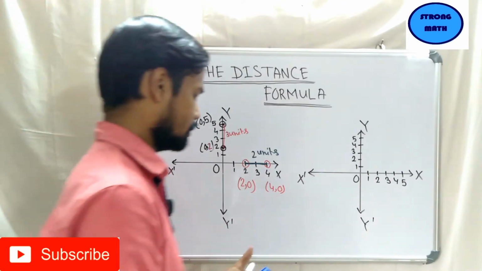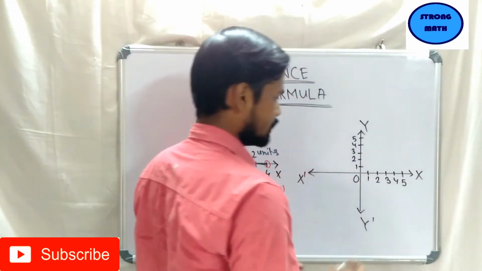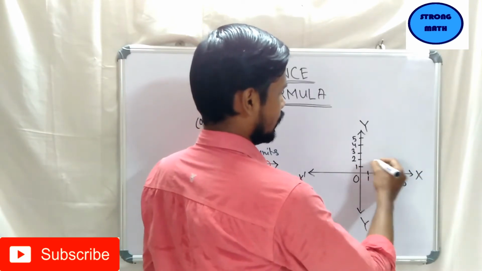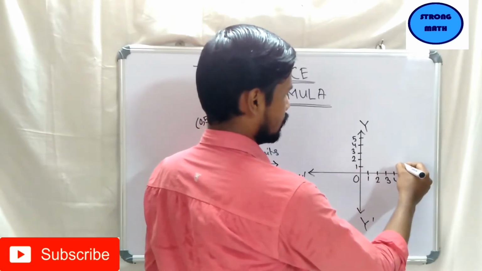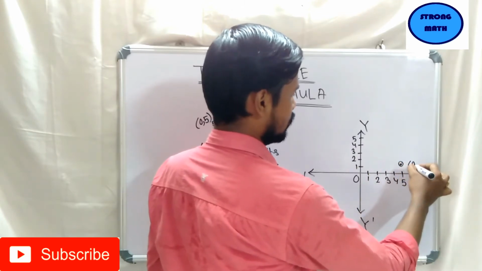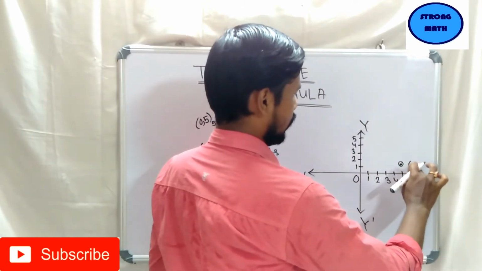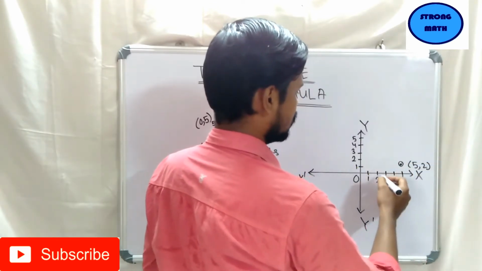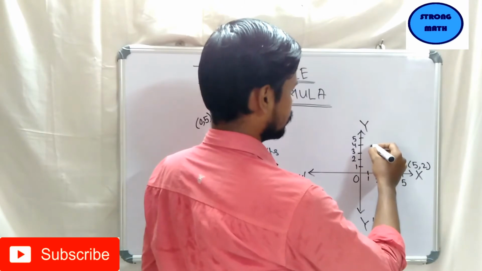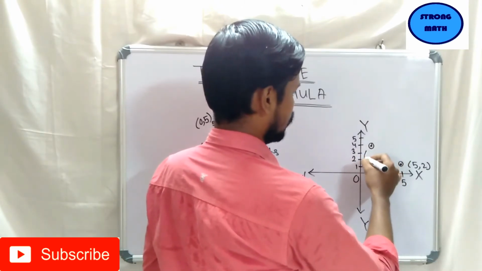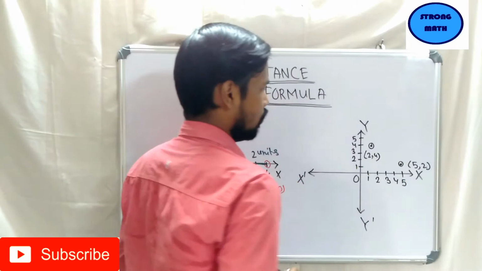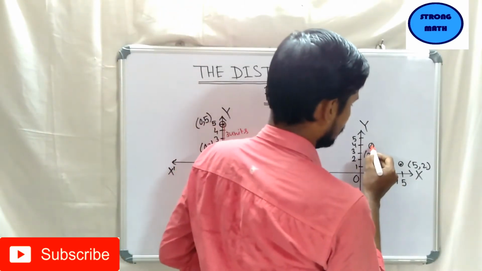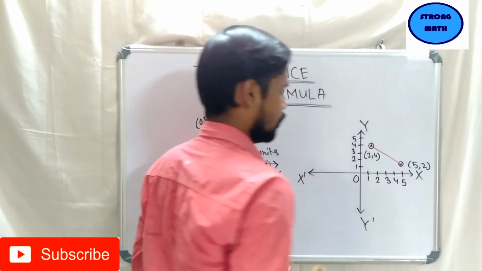For that, suppose the first point is 5, 2, and say another one is 2, 4. Then what will be the distance between these 2 points? We have to find this distance between these 2 points.